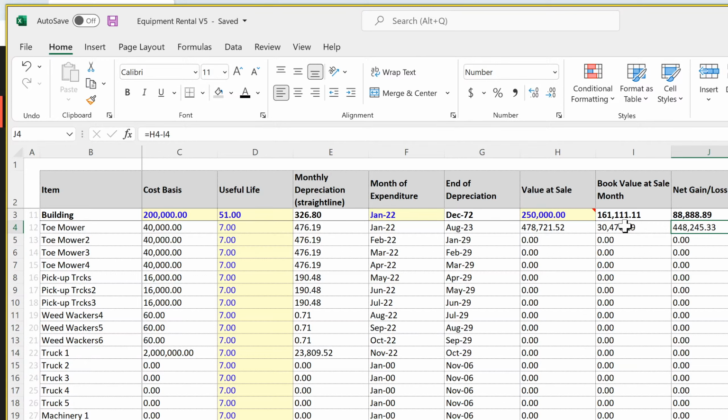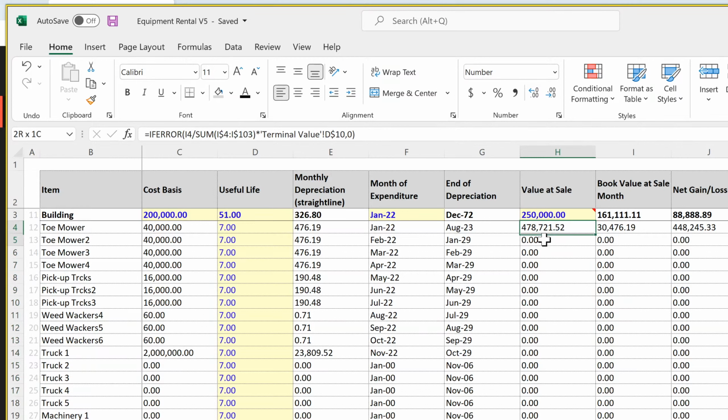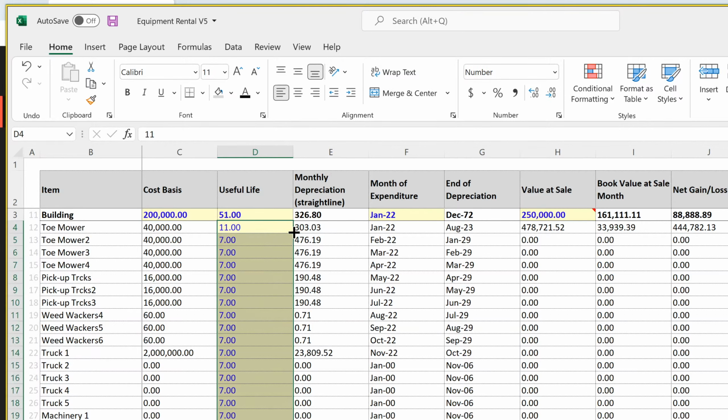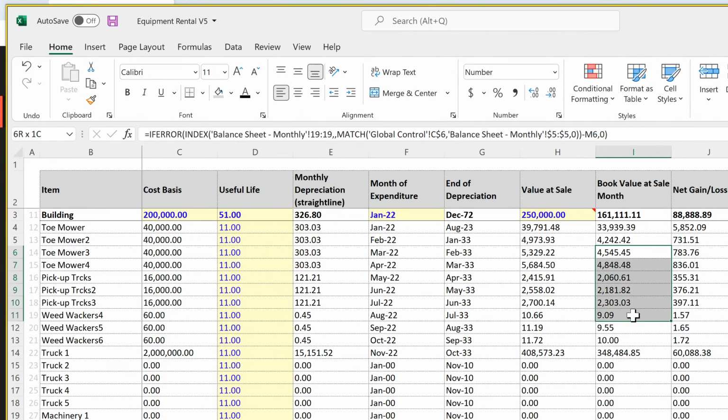Essentially, all we want to know is the aggregate. What's the total book value here? What's the total amount we're applying to it for the sales proceeds? There's the net gain or loss. Now, let's say the useful life on this stuff was like 11 years. See, you now have value here, all the book values, there's some left.